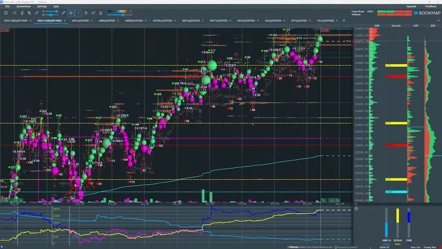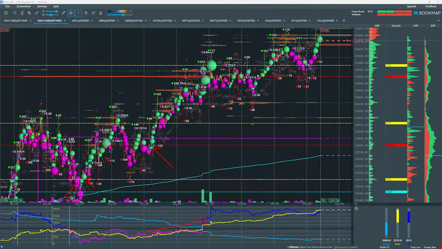Aggressive sellers shown by the pink volume dots, aggressive buyers shown by the green volume dots. Price pulls back, giving you additional entry points, and note the rising yellow line that's showing buy stop orders helping to fuel the move higher, as well as rising cumulative volume delta.